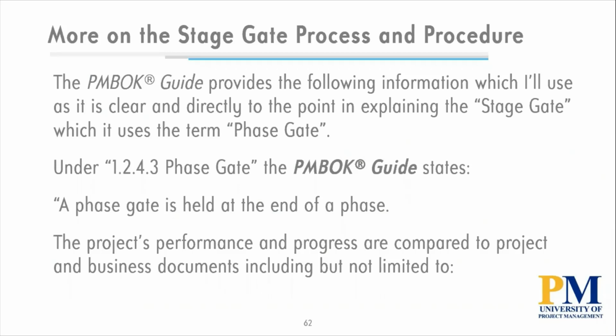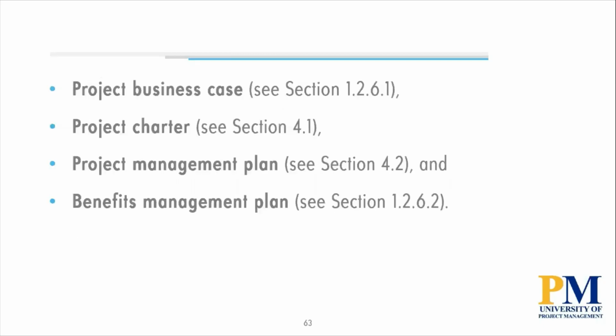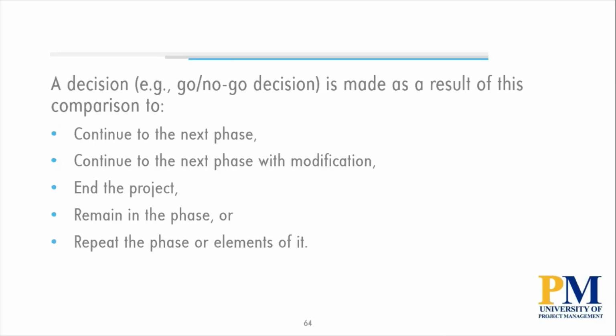The project's performance and progress are compared to project and business documents, included but not limited to the project business case, the project charter, the project management plan, and the benefits management plan. A decision is made as a result of this comparison. Go, no go decision.